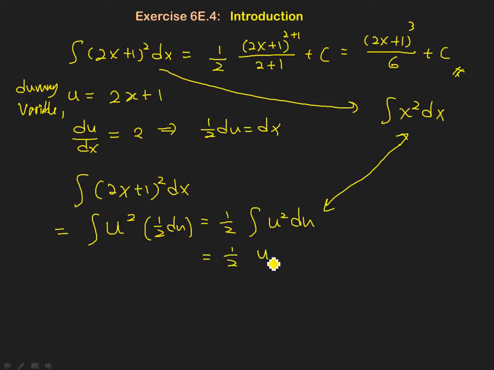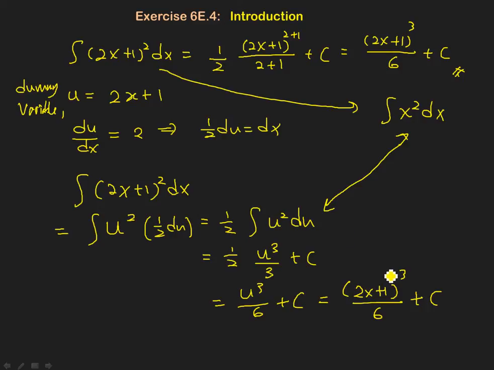This is u cubed over 3 plus c, which is u cubed over 6 plus c, but you can't end like this. You have to then replace u with 2x plus 1, because that is actually our original problem. You see, you get the same answer as when you use the formula.